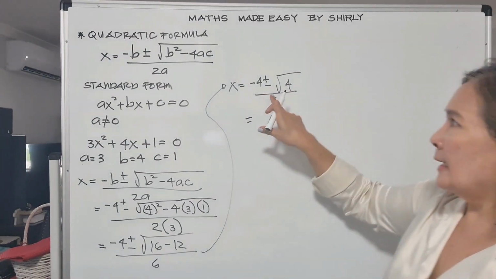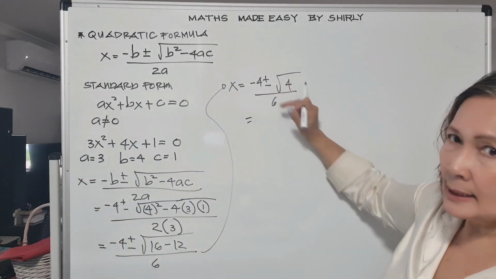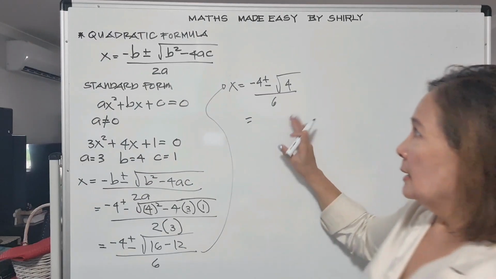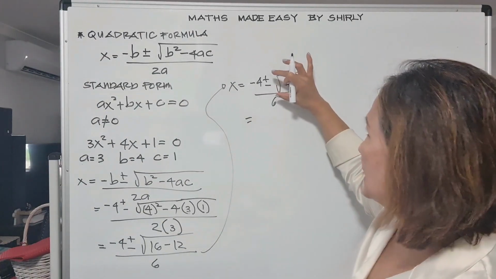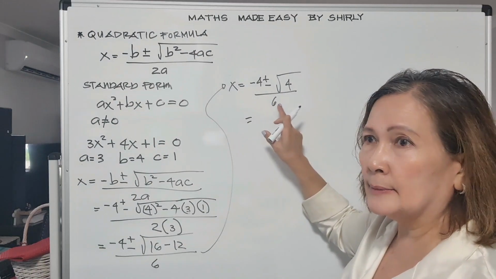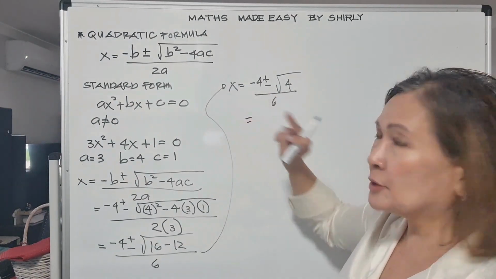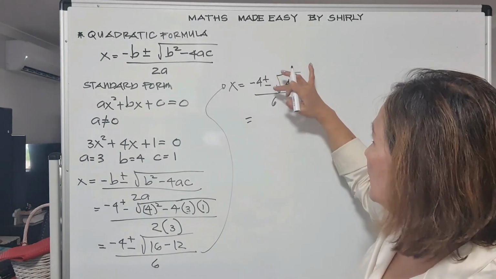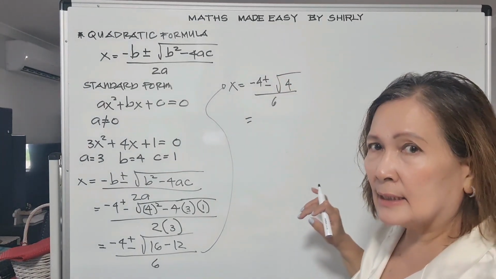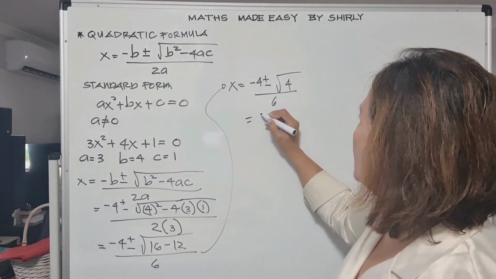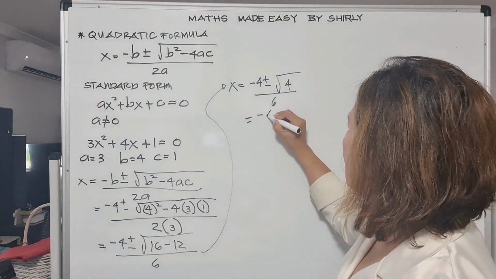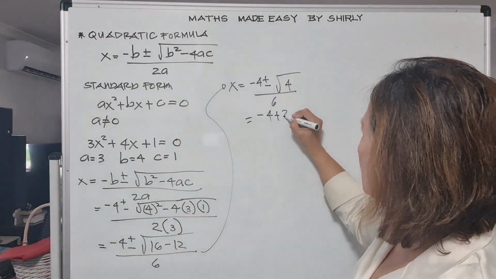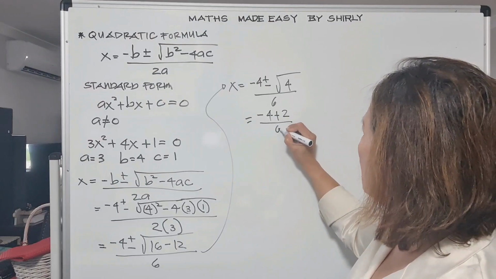So at this point, let us choose the plus sign first. And by the way, the plus or minus represents that we will arrive at 2 values. One is choosing the positive sign or the plus sign, and the other one is the minus sign. So let us start first with the plus sign. So negative 4 plus, what is the square root of 4? That is 2, all over 6.